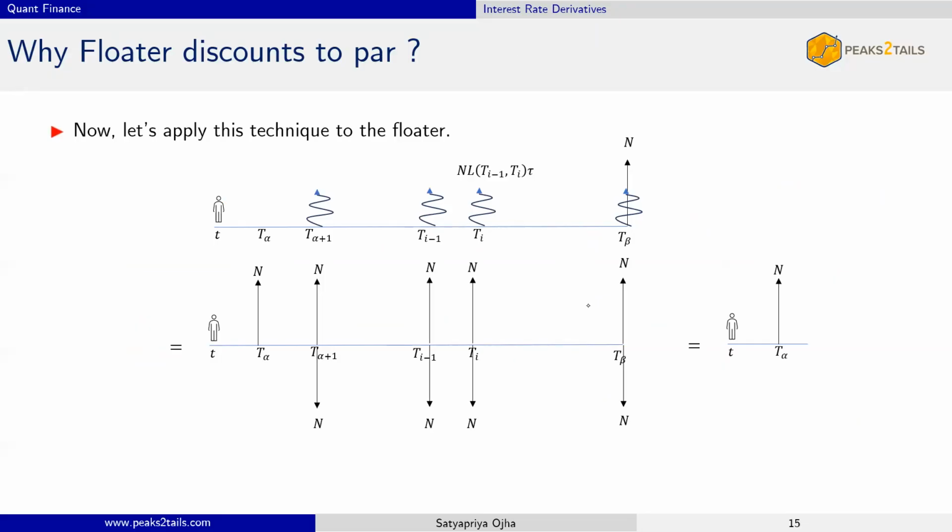So we had this original floating rate bond, right? Floating payment starting from T alpha plus 1 every single time until T beta. And there is also a notional payment at the end because it's a bond. Now, this one I can write as this and this. The next one also, I can write as this, and there will be an n here.